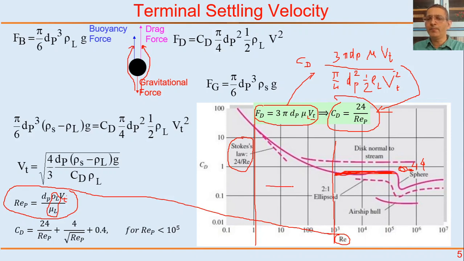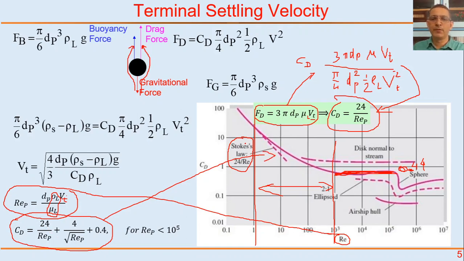In between, we have the drag coefficient changing as a function of Reynolds number, not in a linear manner but in a different manner. And one expression that is used very commonly to describe the Reynolds number versus drag coefficient behavior for the entire region is this expression. CD is 24 by Rep.